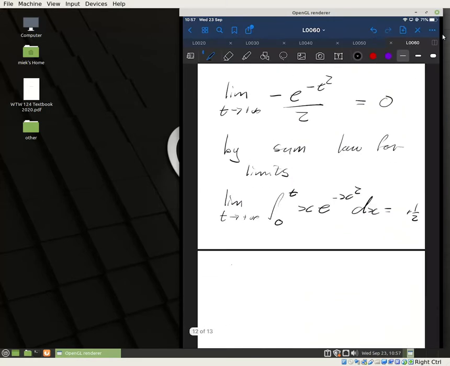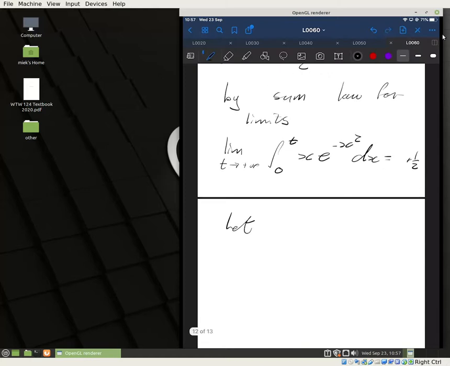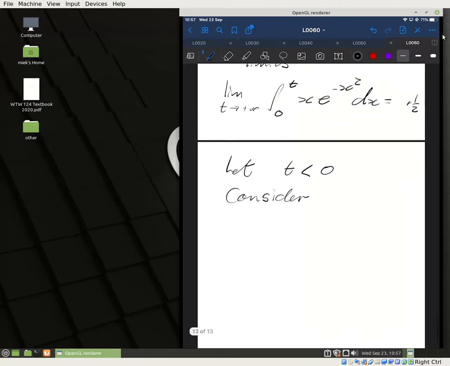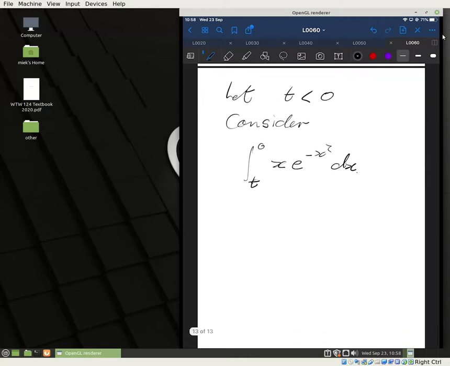So let t be less than 0 and consider the integral from t to 0 of x e to the minus x squared dx.